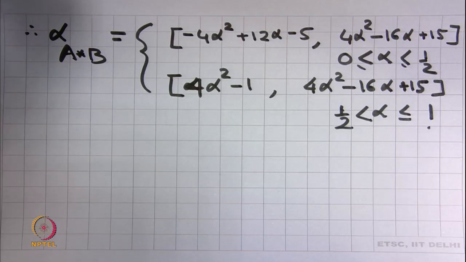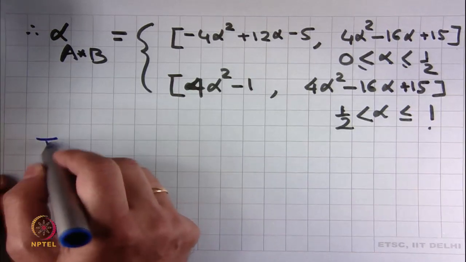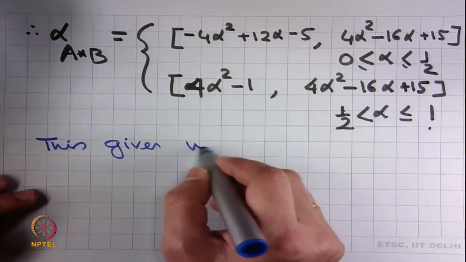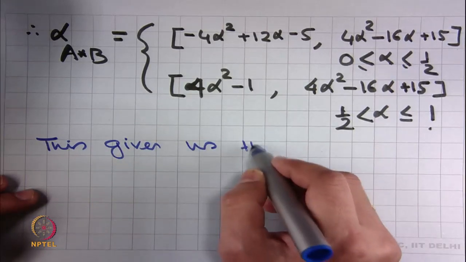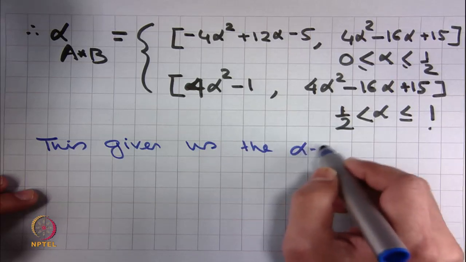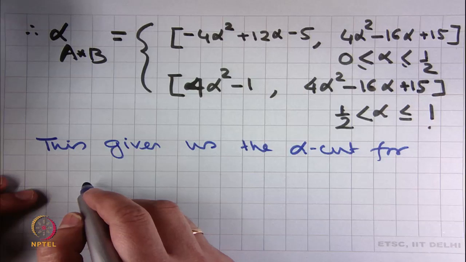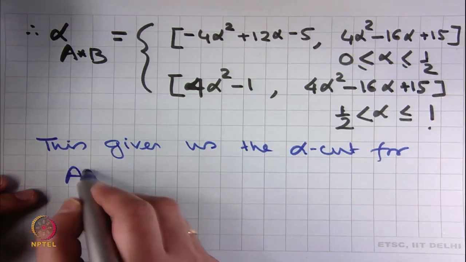So, this gives us the alpha cut for A star B.